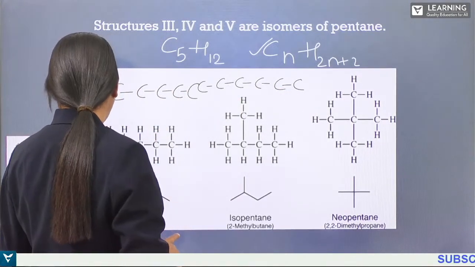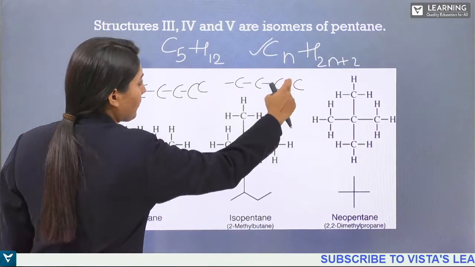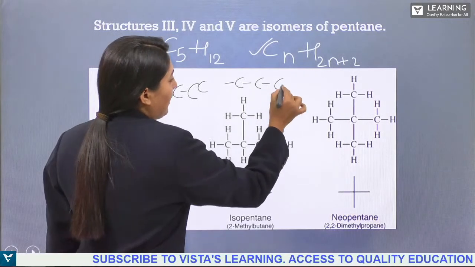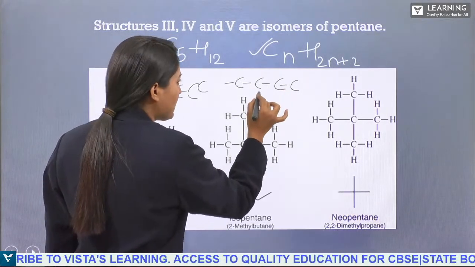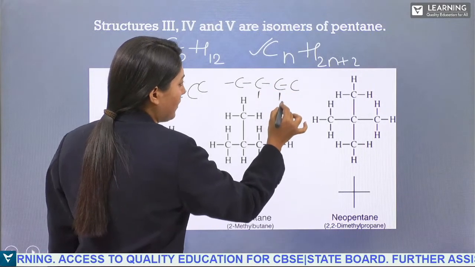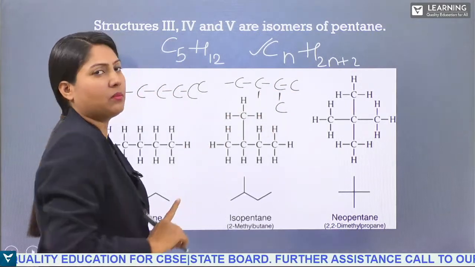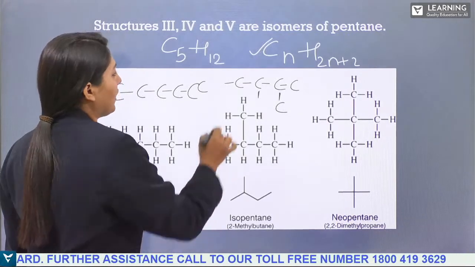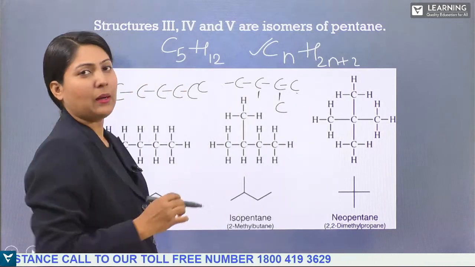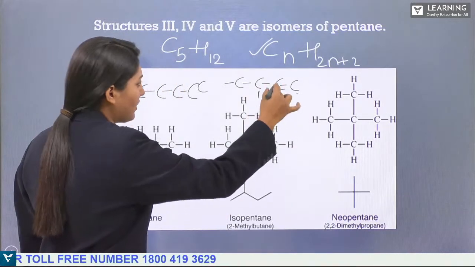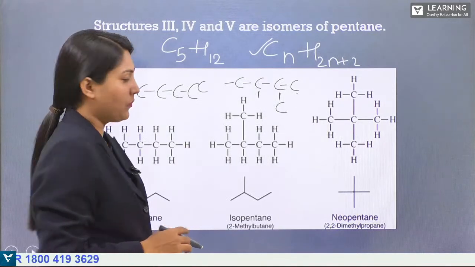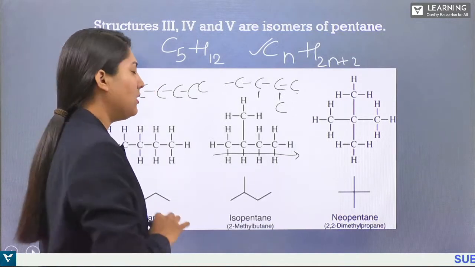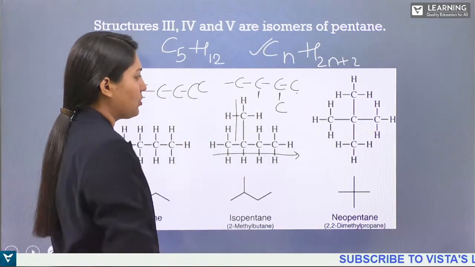But if you add it to this carbon or this carbon, in the middle of the 4-carbon chain, then that will become the different, branched pentane. So here, 4 carbons in the parent chain and 1 branch carbon.